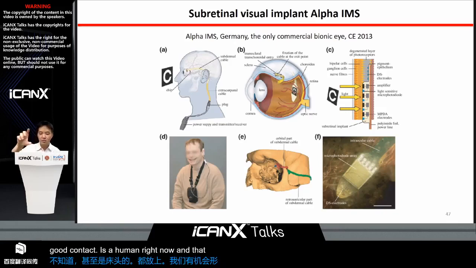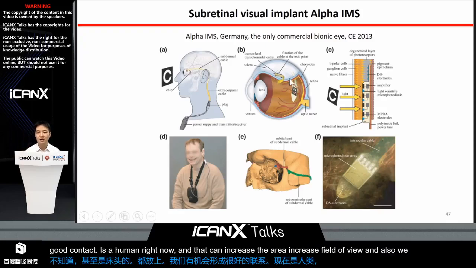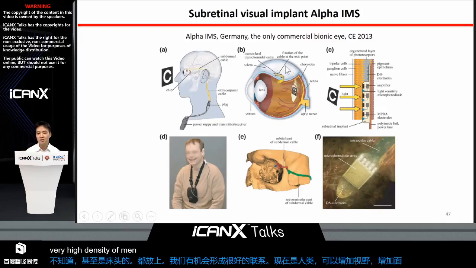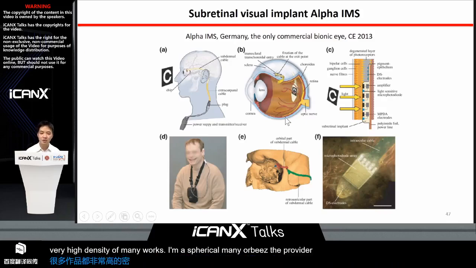That can increase the area and increase the field of view. And also because we have a very high density of nanowires, potentially the hemispherical nanowire-based retina can provide a higher resolution of the image.